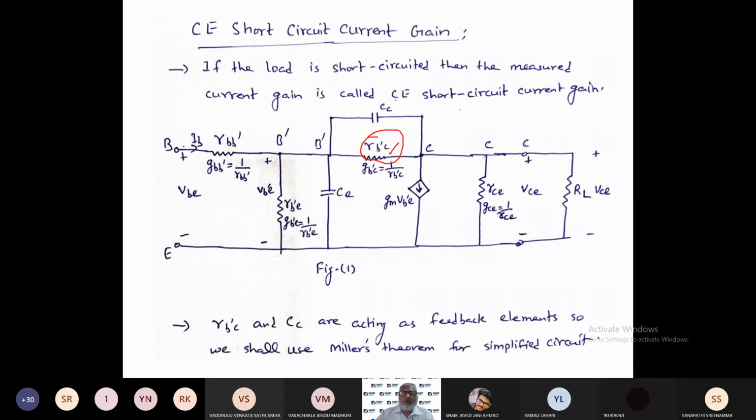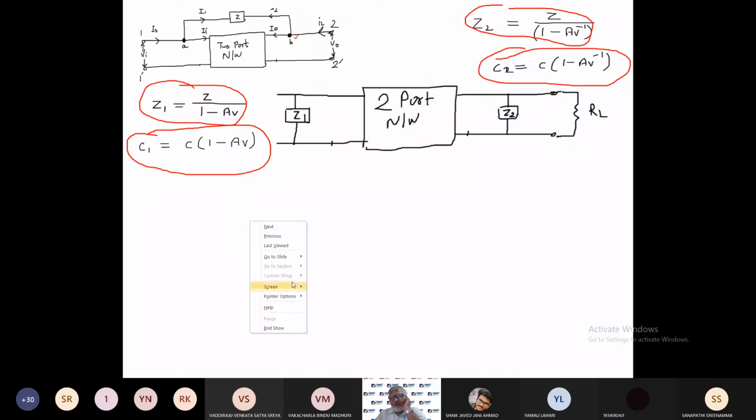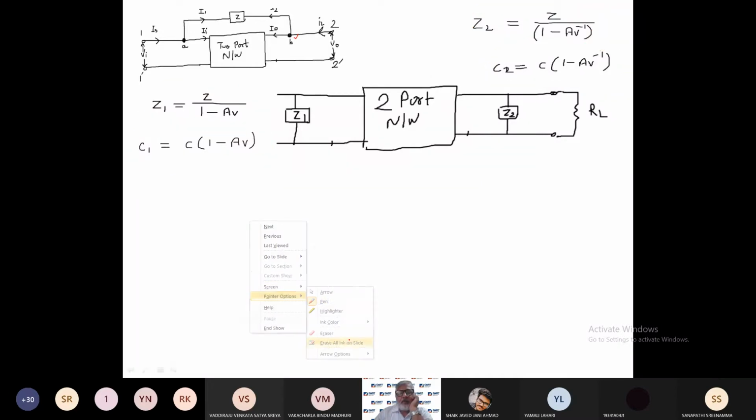And for this CC, again this CC will be split, and for CC we will use this formula to connect the capacitor at the input side, and to connect the capacitor at the output side, this formula. Okay. So with this background, now we will move further.